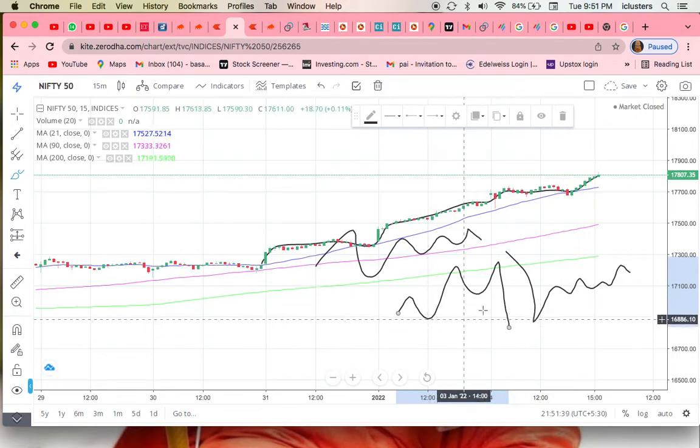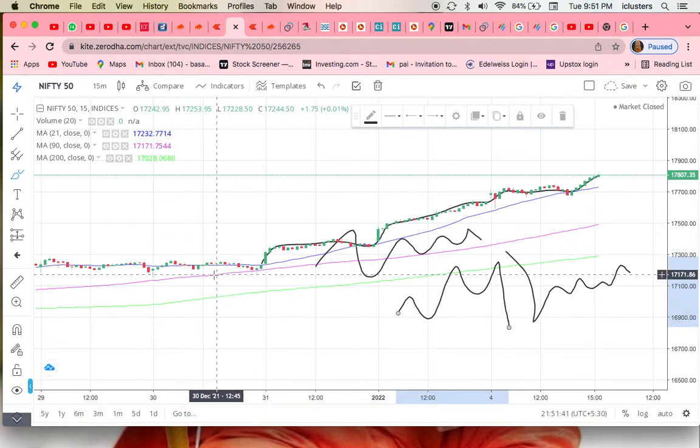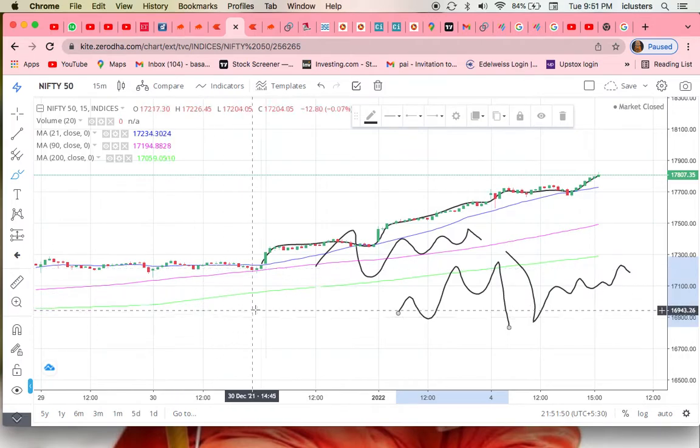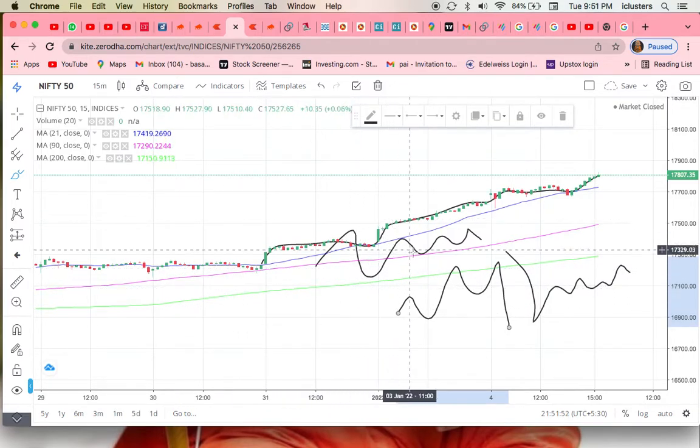If price is moving between the 20 days and 90 days moving averages, that is a sideways market, and it will show the sideways market sign.